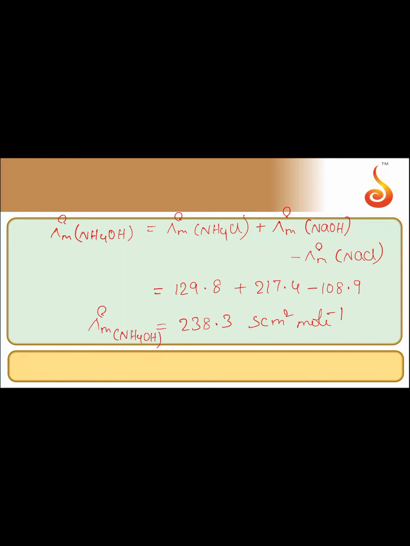And in the problem, lambda m value of NH4OH is given at 0.1 molar, that is 9.35 Siemens centimeter square mole inverse. Now by using lambda m and lambda m naught of NH4OH, we can calculate alpha. Alpha is the degree of dissociation.